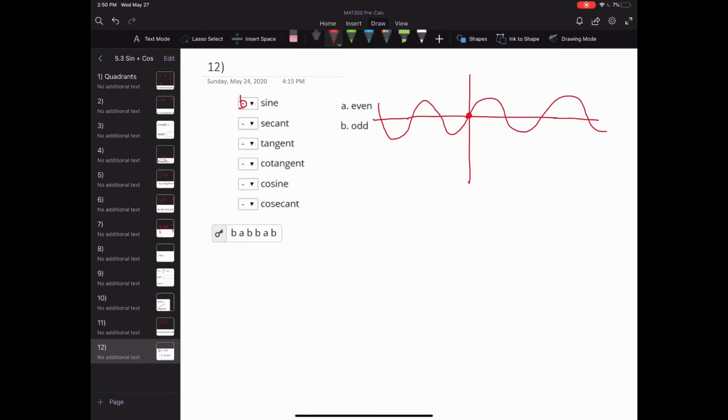Let's do cosine next. So if sine is odd, cosine is even. Right, because cosine looks like this. Kind of like that. And that's symmetric to the y-axis.